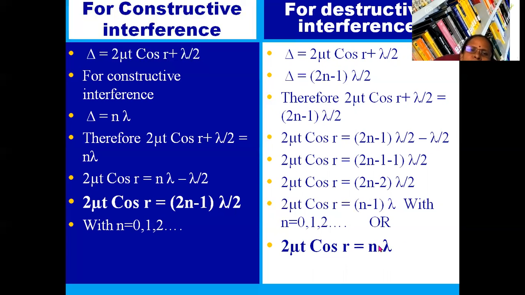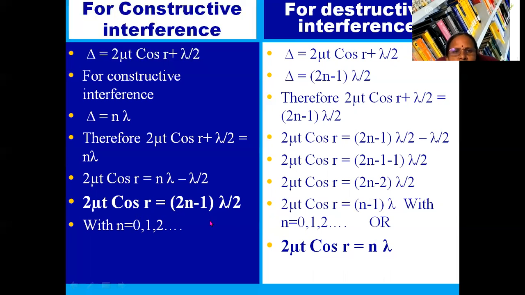So for destructive interference, this is the condition. 2 mu T cos R must be equal to n lambda. Then the thin film will appear dark if the path difference between the rays is satisfying this relation, 2 mu T cos R equal to 2n minus 1 lambda by 2.